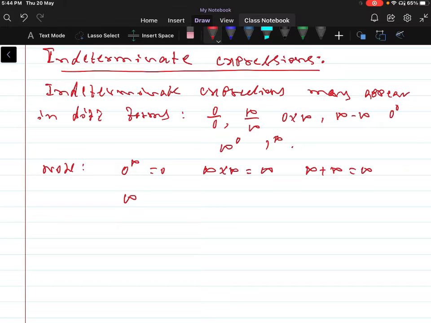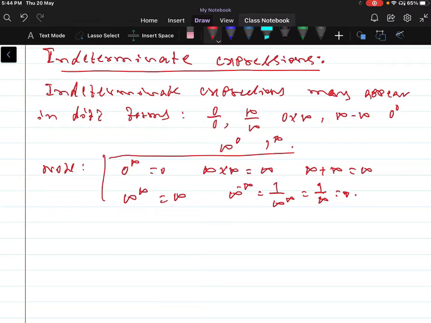Infinity whole power infinity is again infinity only. Infinity power minus infinity can be written as 1 by infinity to the power of infinity, that is equal to 1 by infinity, which is equal to 0. So these expressions are not indeterminate forms.